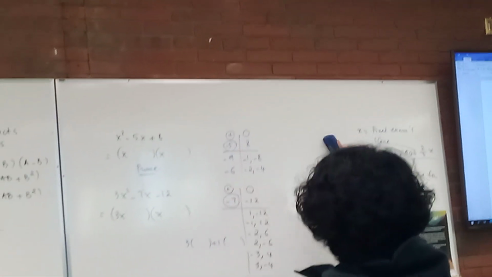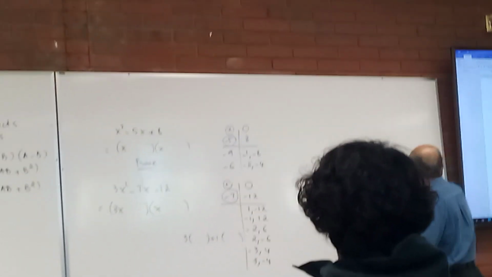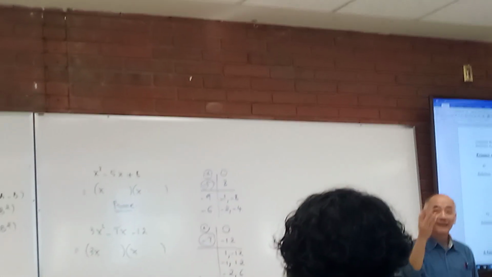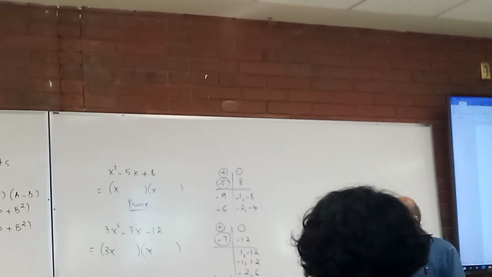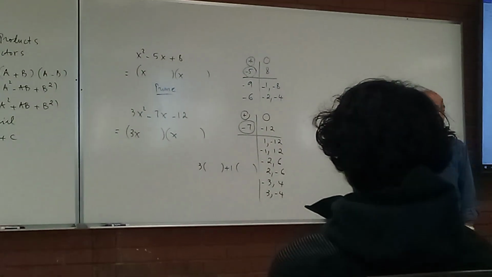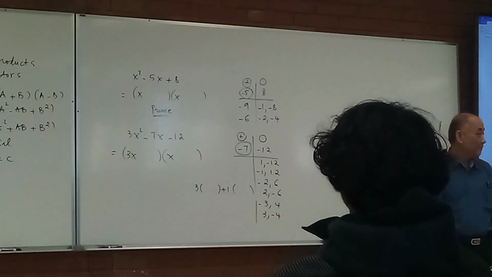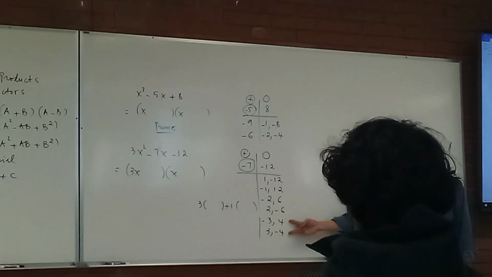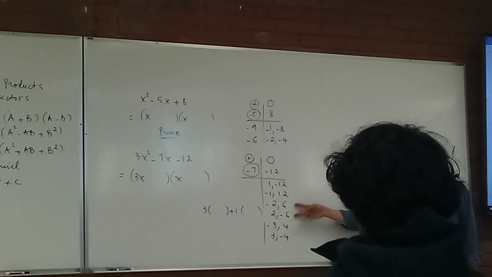Not factorable? Why? Because none of them equal -7. You try all of them, but just pick one pair because the switched pair gives the same result. So actually you need to test these 3.